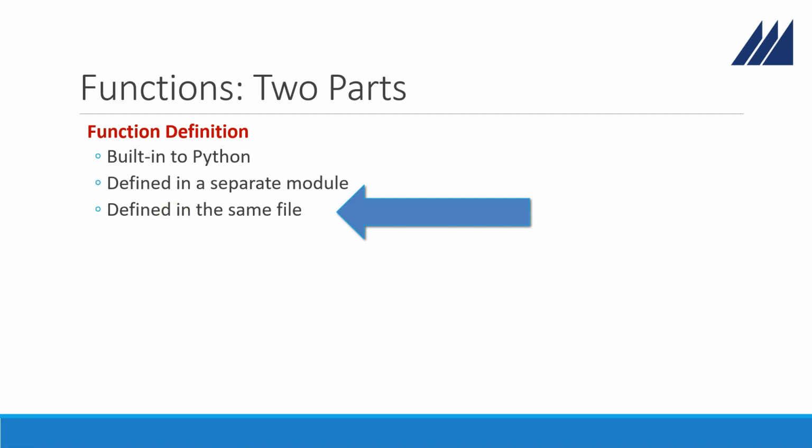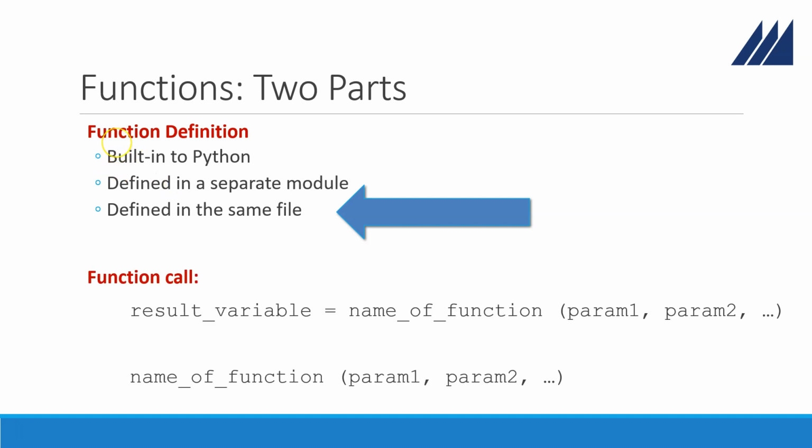When it comes to user-defined functions, they have two parts. The first part is defining the function, which we're going to talk about later, and the second part is calling the function. And there are two different ways to call a function. You can call the function by creating a variable and assigning to it whatever this function is going to return. This is for a function that has a return statement.